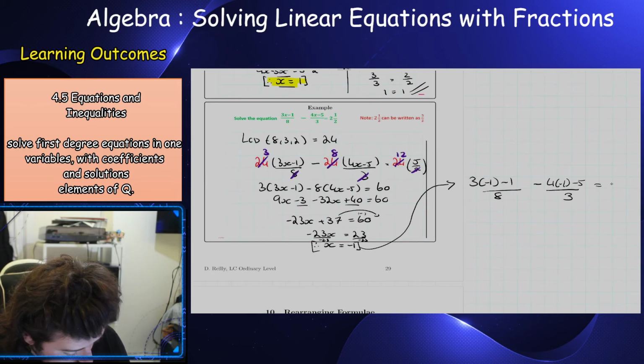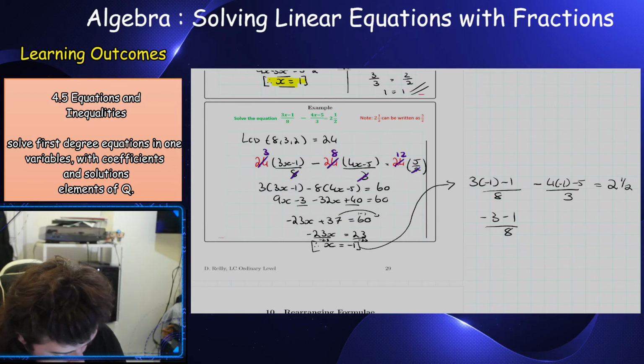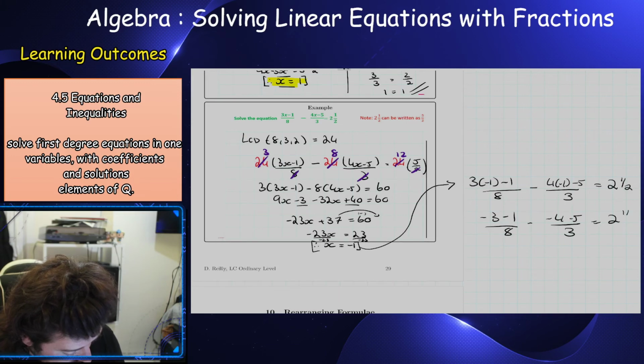which equals 2.5. 3 times minus 1 is minus 3 over 8. 4 times minus 1 is minus 4, minus 5, all over 3, which is equal to 2.5.